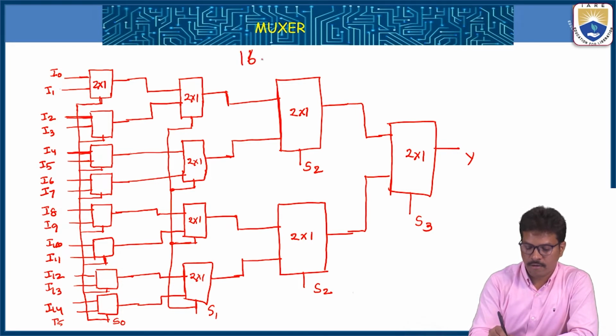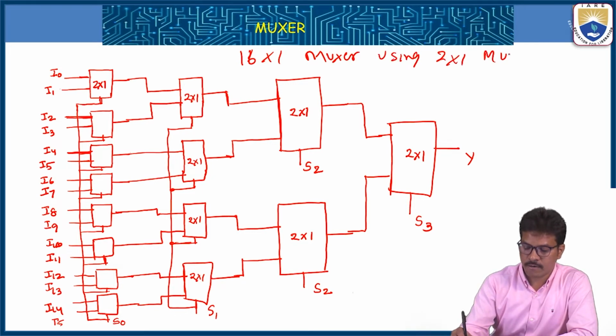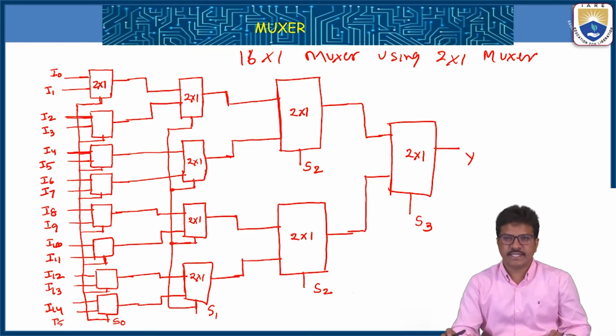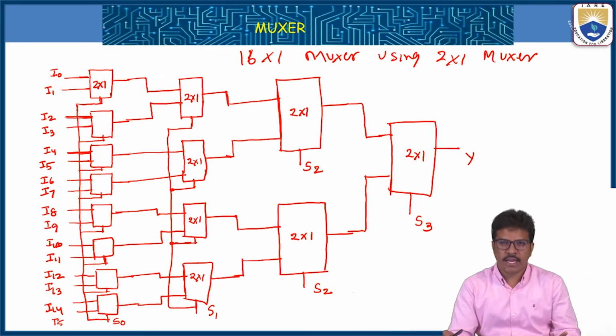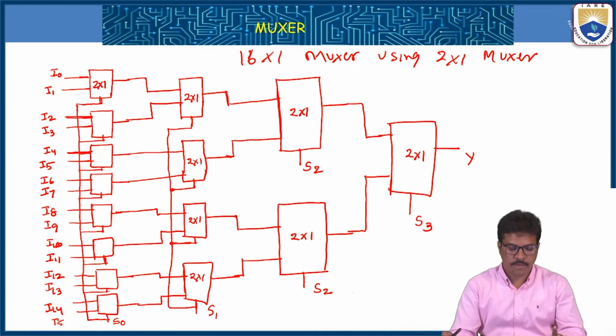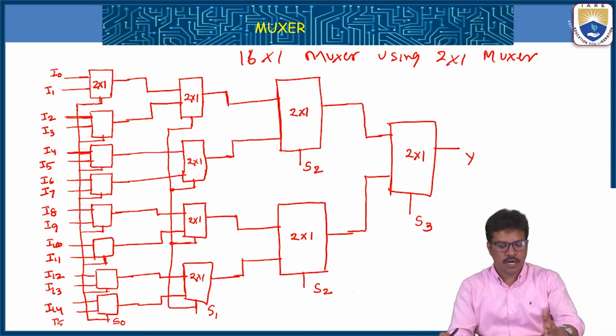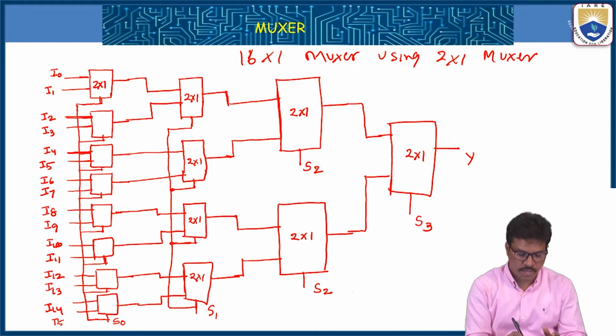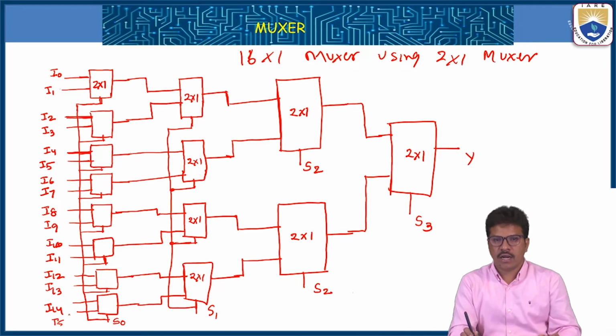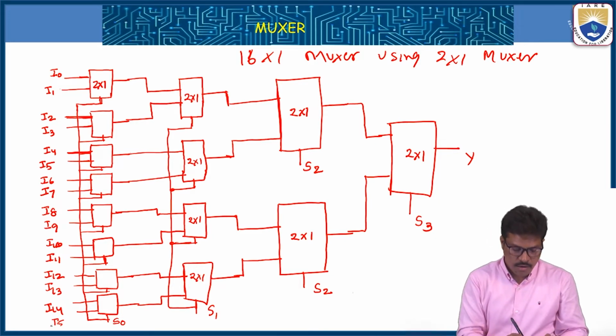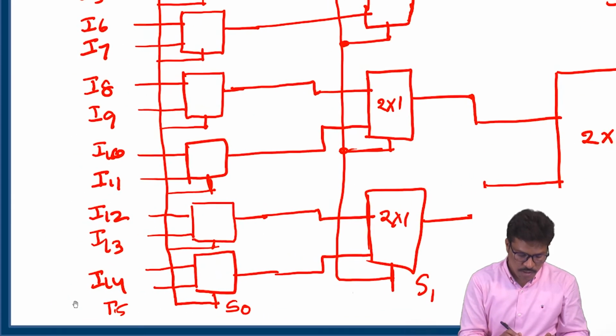So this is the 16 by 1 multiplexer using 2 by 1 mux. If you see this mux, how many primary inputs? The primary inputs are I0 to I15.